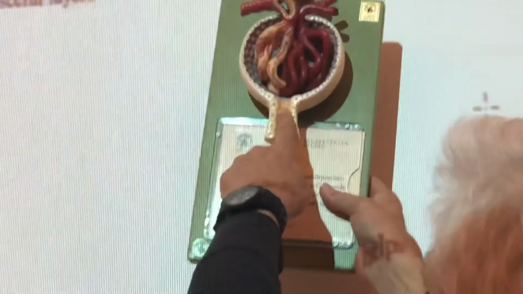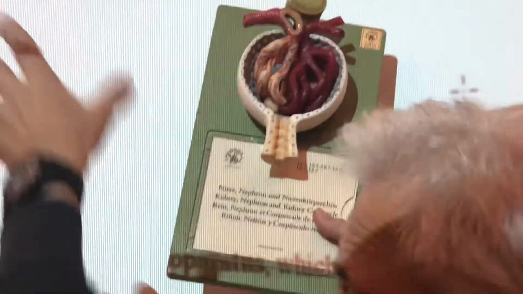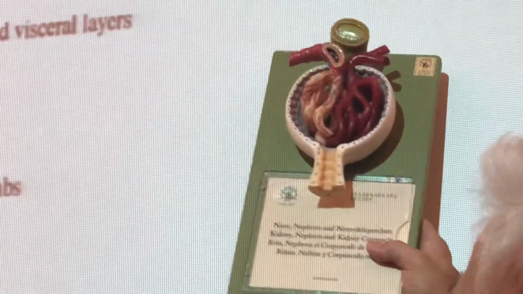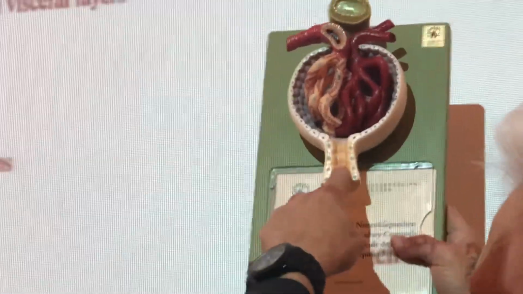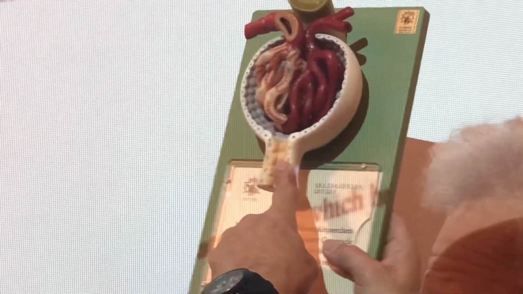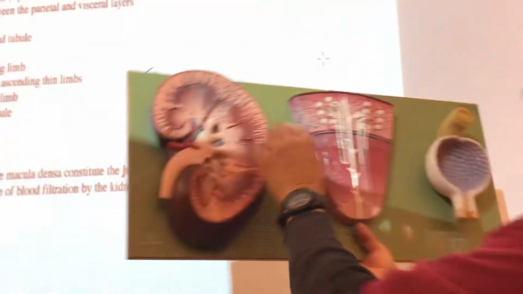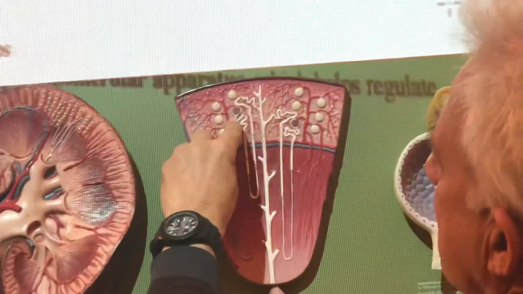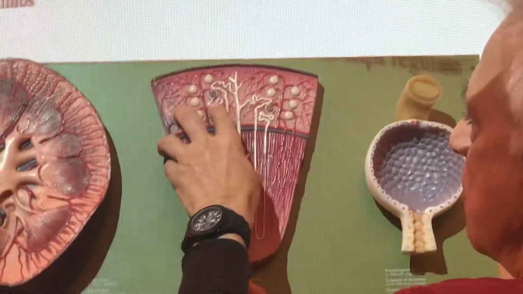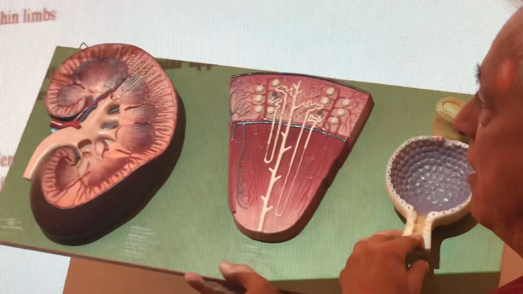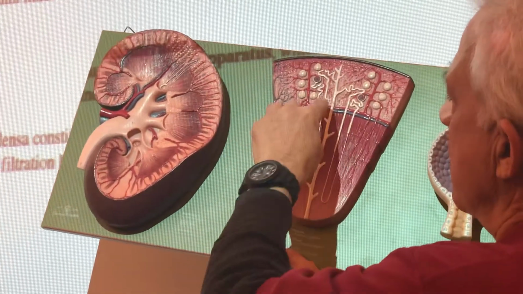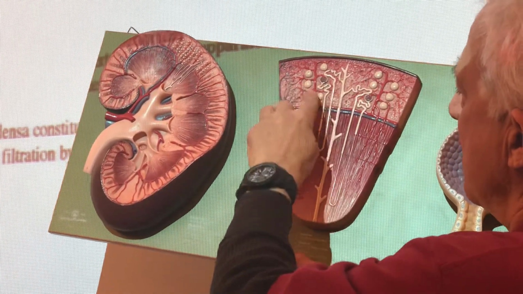Coming out of here, because this is the tubes that's going to go all crazy next to it. So this is the proximal convoluted tubule. Okay, just big and blown up. Okay, so coming right out of the capsule is the proximal convoluted tubule, and it does all its stuff.